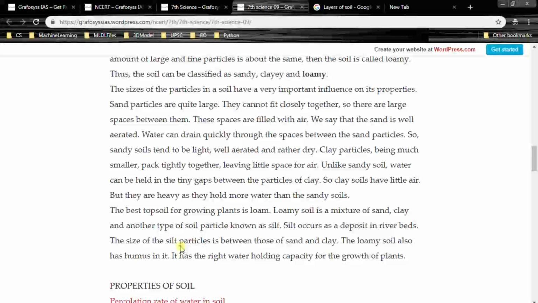It has the right water holding capacity for the growth of plants. So loamy soil is best for plants because it contains equal amounts of sand and clay, and also humus, and it also holds the right amount of water which is required for growth of plants.